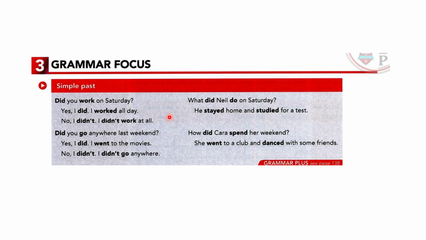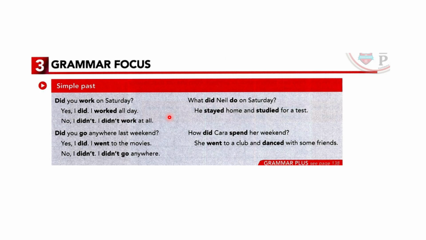Again, how did Kara spend her weekend? Because we have the auxiliary did in this how question, we see the verb in its base form. But the answer, because you don't have the auxiliary here because you don't use it, we have all the verbs in the past tense.